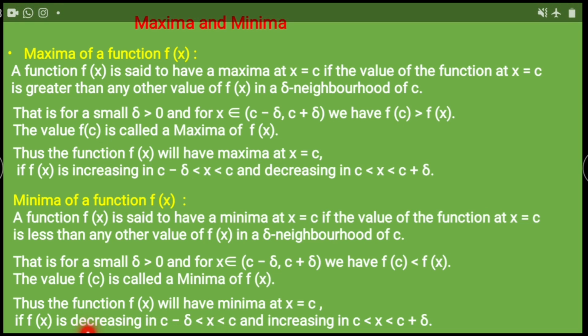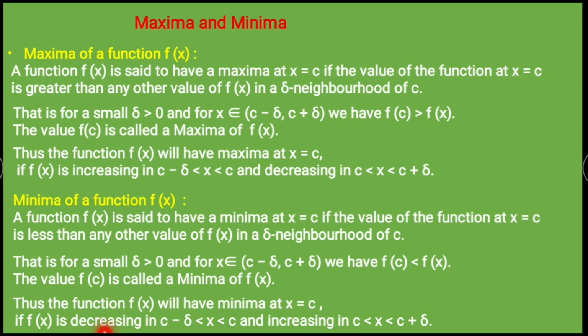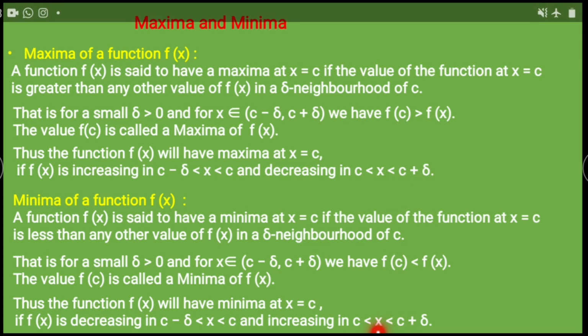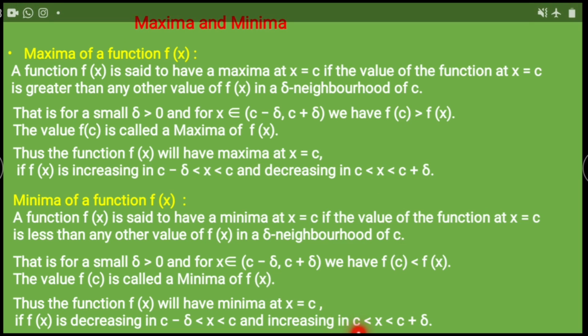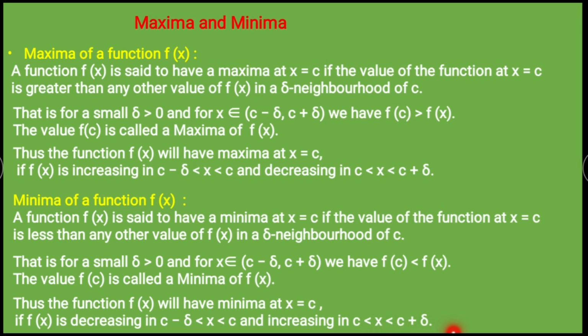Here in minima, instead of increasing, the function is decreasing in c minus delta less than x less than c, and in maxima the function is decreasing in c less than x less than c plus delta, but in minima the function is increasing in c less than x less than c plus delta. So if you remember any one definition, from that you can remember the other definition.